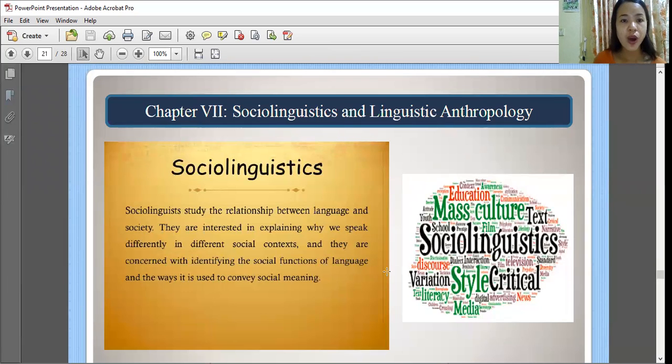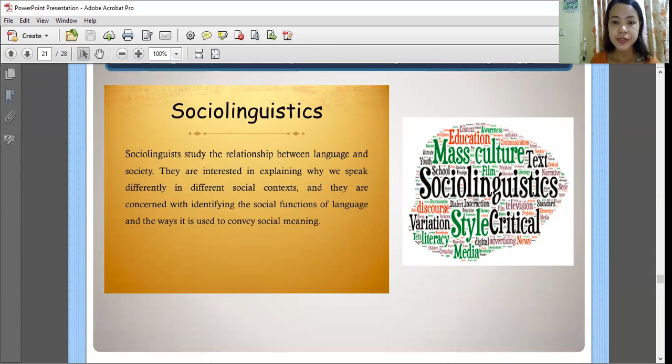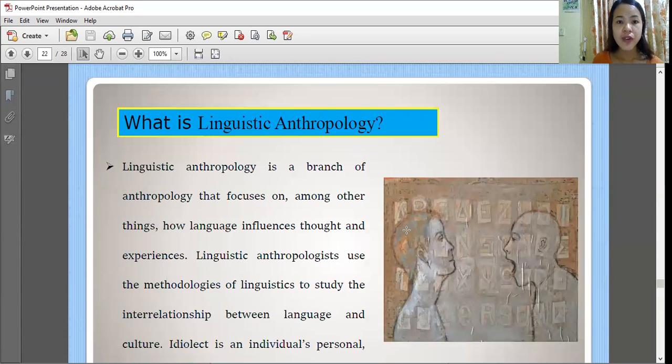Okay, now let's go on to chapter 7, sociolinguistics or linguistic anthropology. Sociolinguistics studies the relationship between language and society. They are interested in explaining why we speak differently in different social contexts, and they are concerned with identifying the social function of language and the way it is used to convey social meaning. And what is linguistic anthropology?